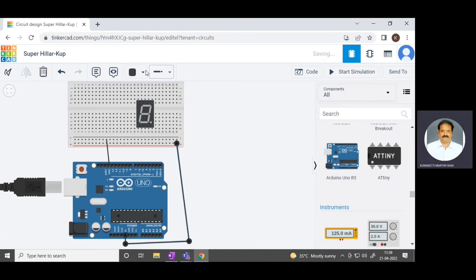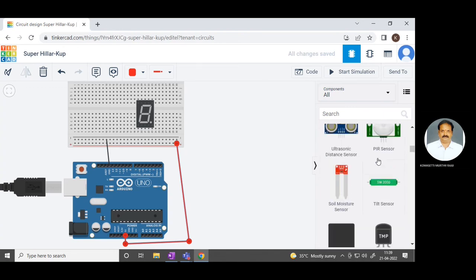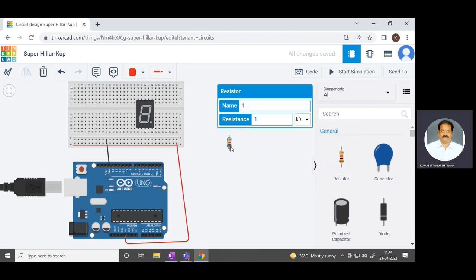This is the 5 volts point. Pick up a resistance. Resistance value is 1 kilo ohm.